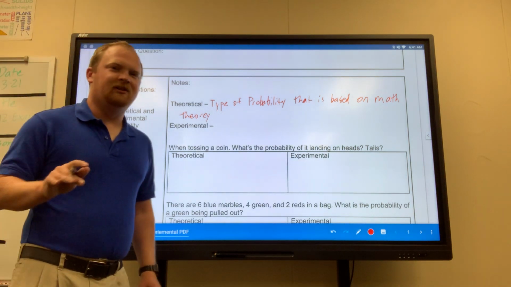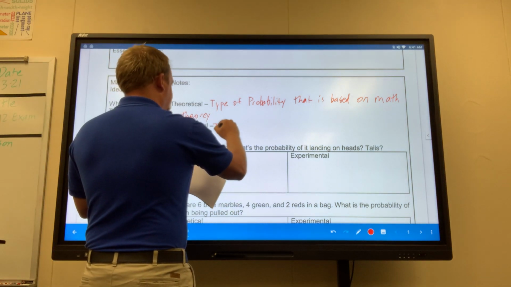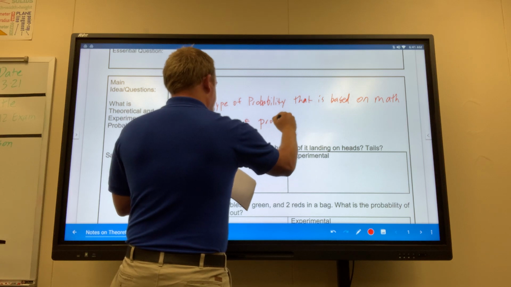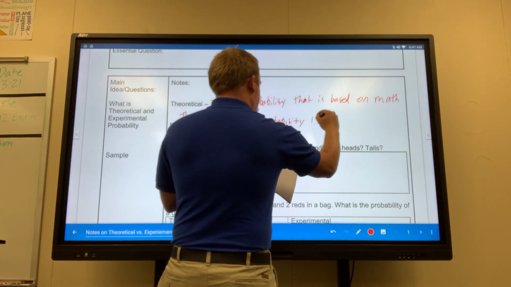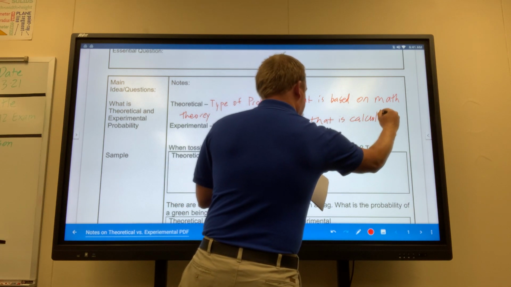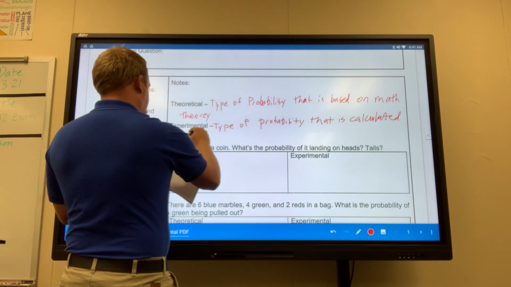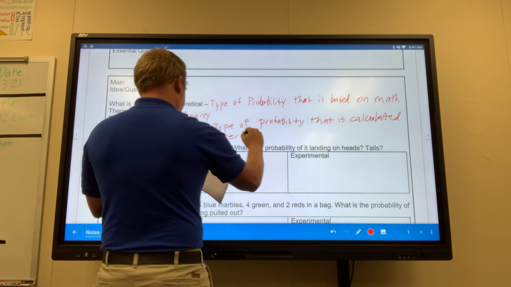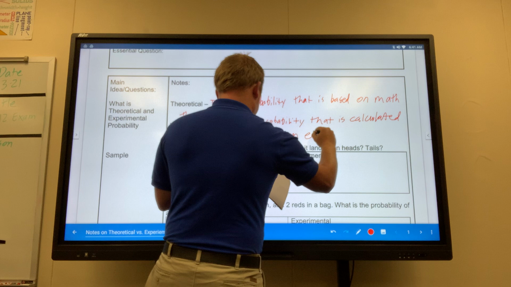Now, what's experimental? It's the type of probability that is calculated after performing an experiment.